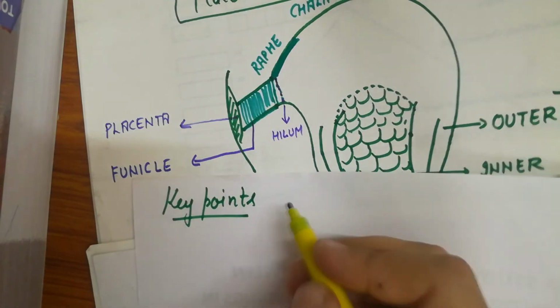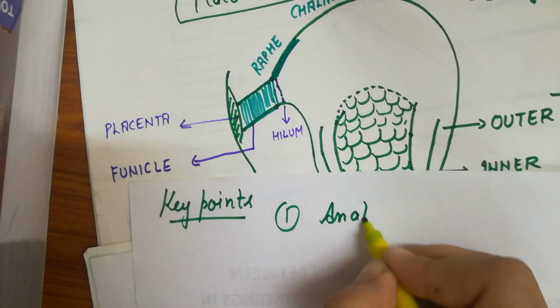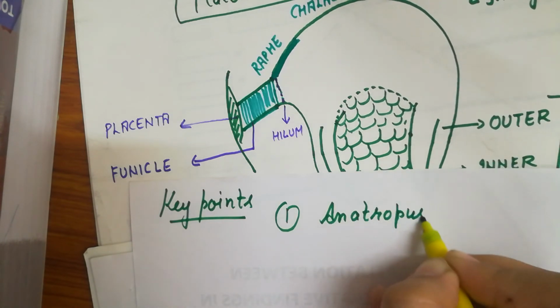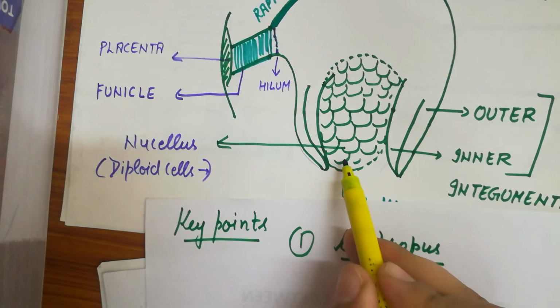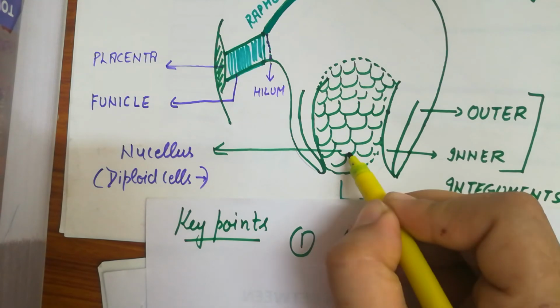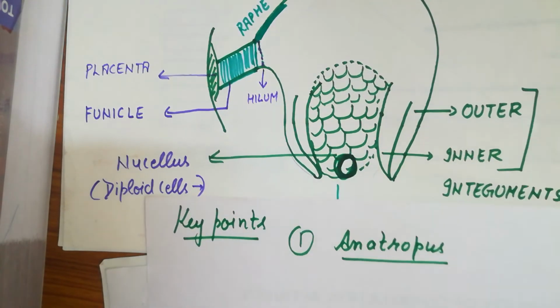Key points. First, the type of ovule, anatropous, right? Now, what happens here is that one cell of the nucellus becomes larger in size.